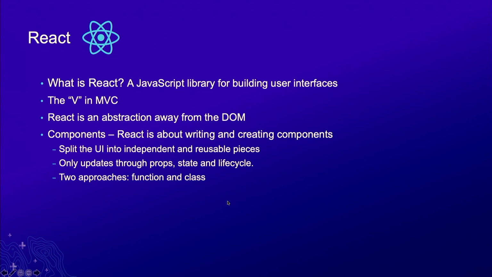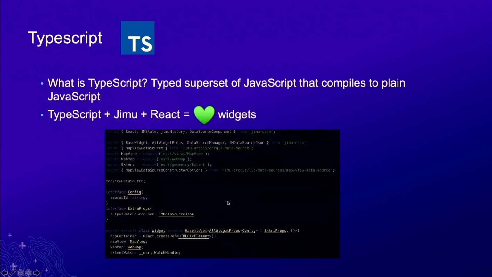There are two approaches to creating components, using either function or class. And like I said before, since our entire system is built on TypeScript, you're going to use TypeScript to extend widgets. It's a superset of JavaScript. And once you have TypeScript plus GIMU plus React, it's just goodness.